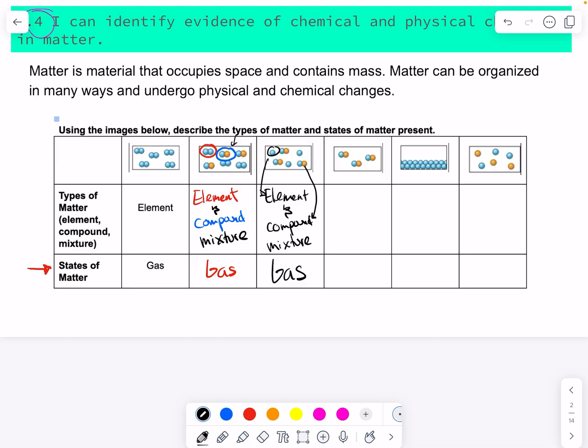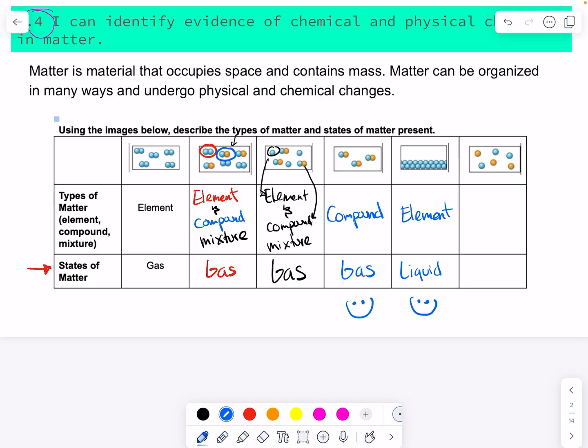All right, so this first one here, you should have just compound. Okay, and this is still a gas. Have a smiley face if you got those right. Okay. Next one here would be just element, and it is in a liquid state.